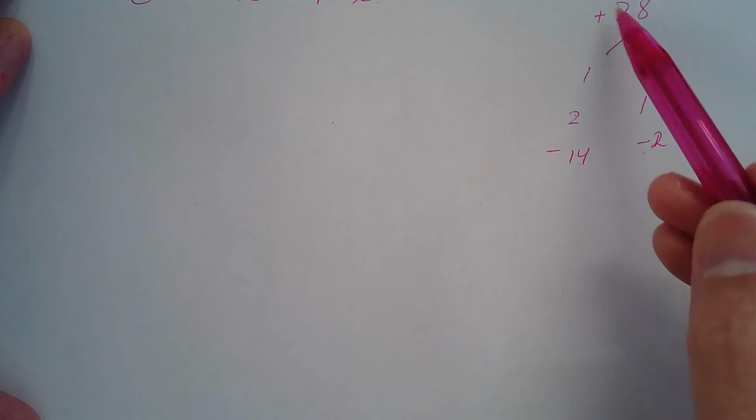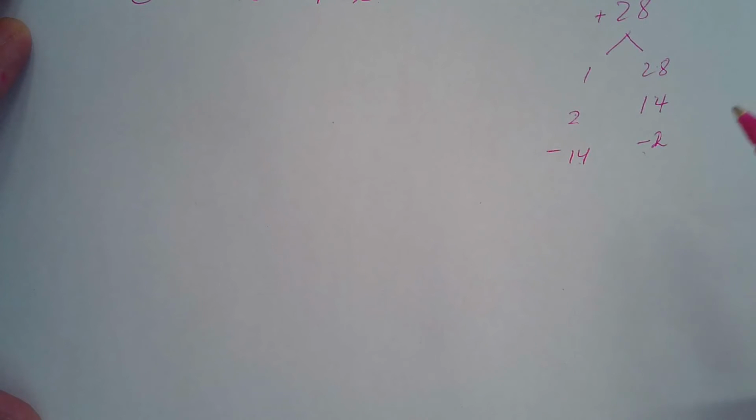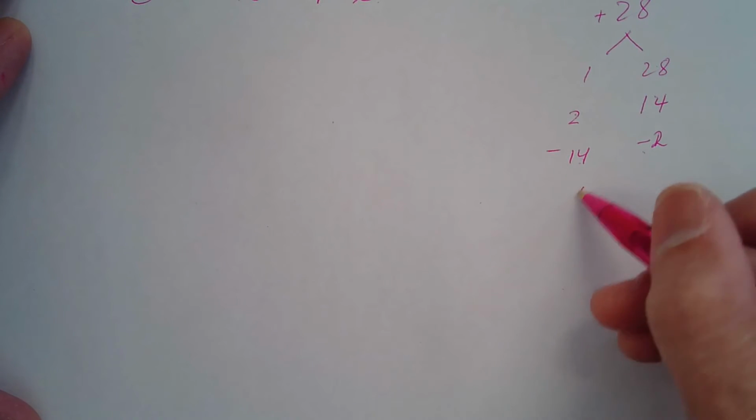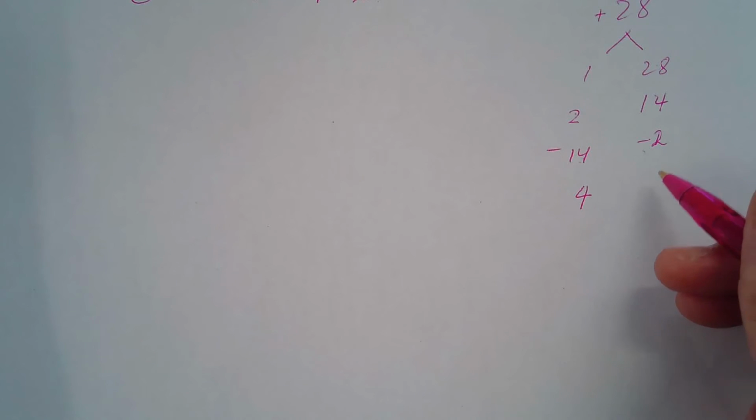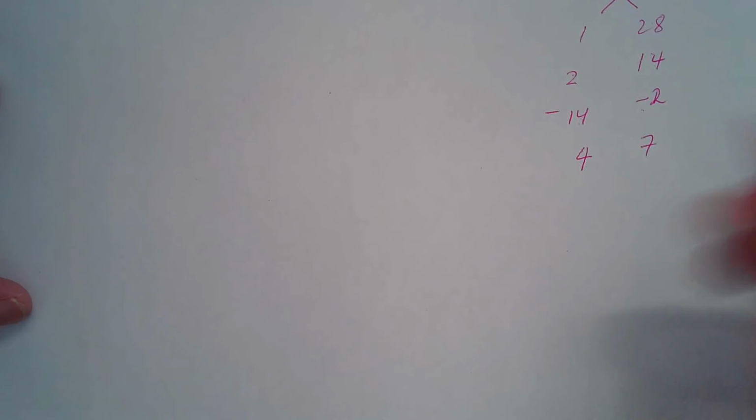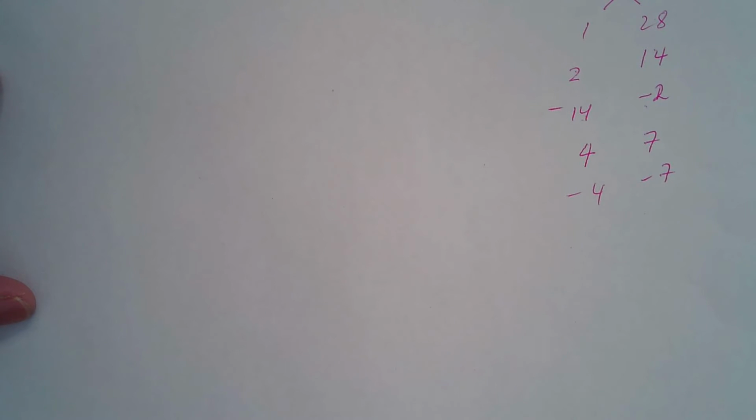Because this is a positive. Yeah, positive times positive. So 4 and 7? Negative 4, negative 7? None, right? So it's not a nice factorable thing. Yeah, 4 and negative 7 is not going to work.